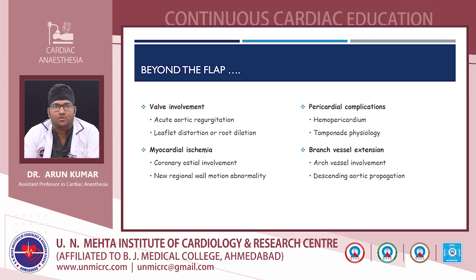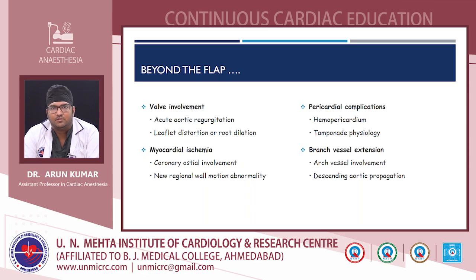Beyond the true lumen, false lumen and flap, we are supposed to assess other problems like the competence of the aortic valve. We should assess aortic regurgitation, and the leaflets and root dilatation. We should also assess myocardial ischemia if there is any coronary artery involvement. If there is any regional wall motion abnormality present, it indicates involvement of the coronary arteries.